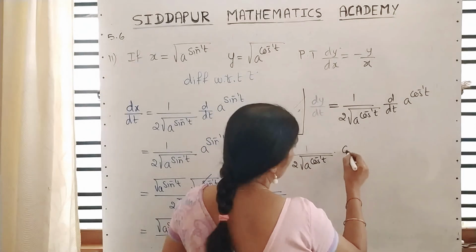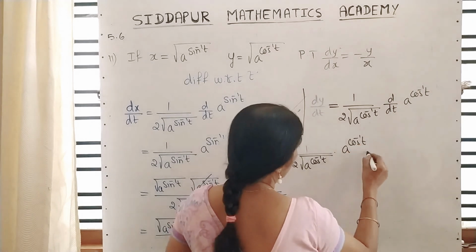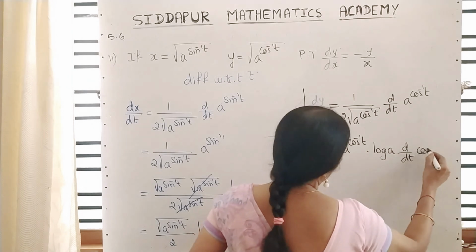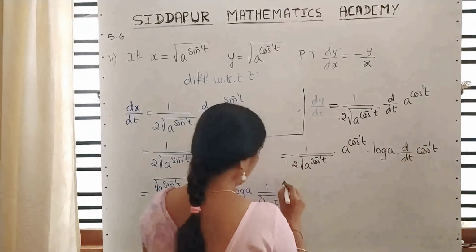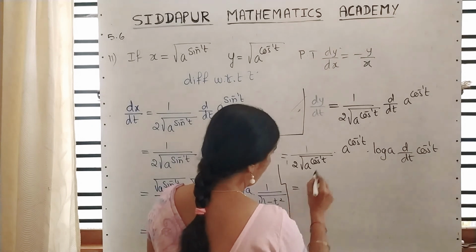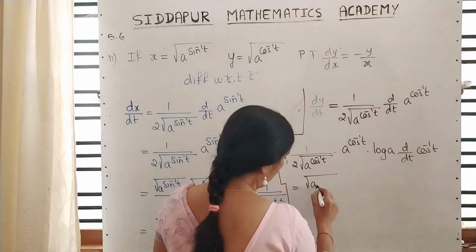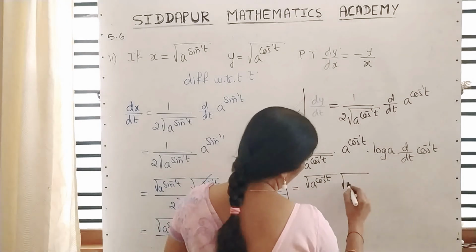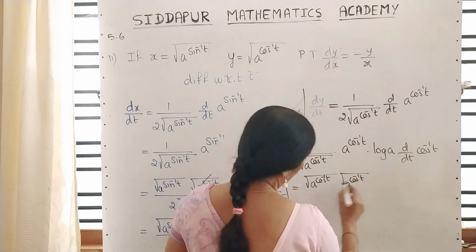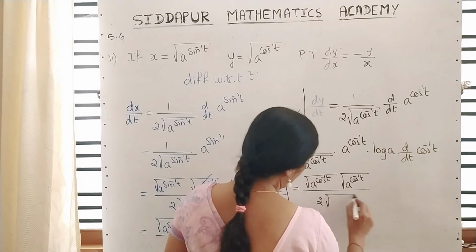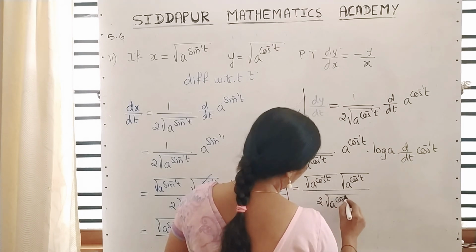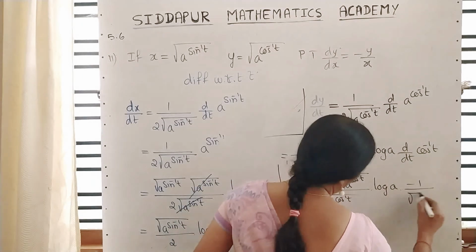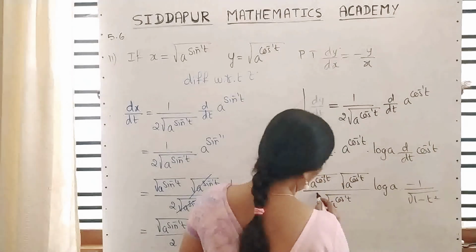It is a raised to cos inverse t into log a into differentiation of cos inverse t. It is again the same concept as I explained in the previous. Root of a raised to cos inverse t, and differentiation of cos inverse t is minus 1 upon root of 1 minus t square. This term gets cancelled.